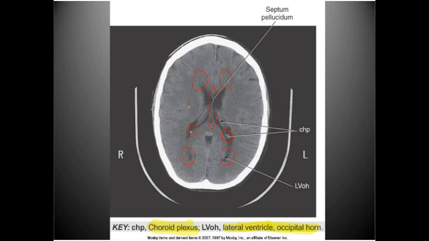This patient doesn't have a great deal of calcifications, but we do see some here, and the beginning of calcifications there on the left side, which is the choroid plexus. Additionally, on this image, we have falx cerebri here.